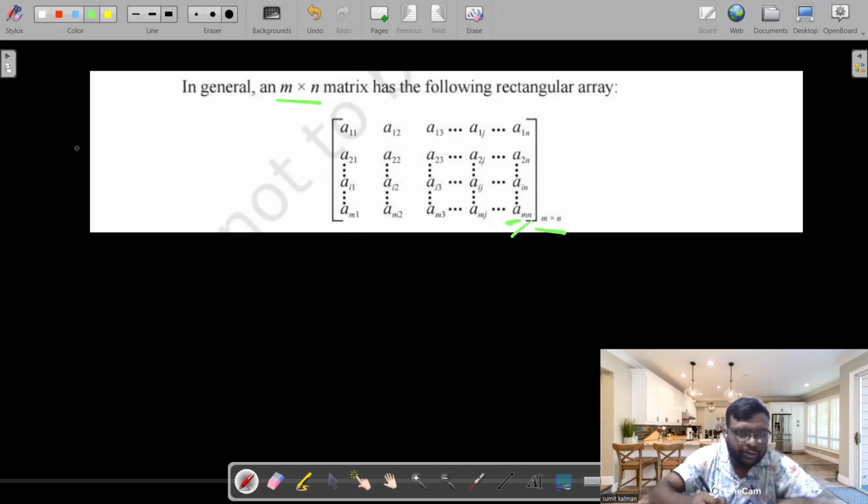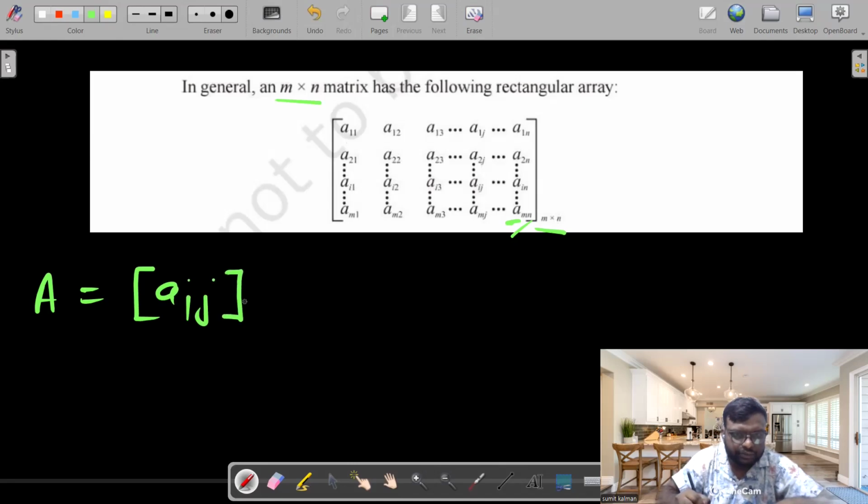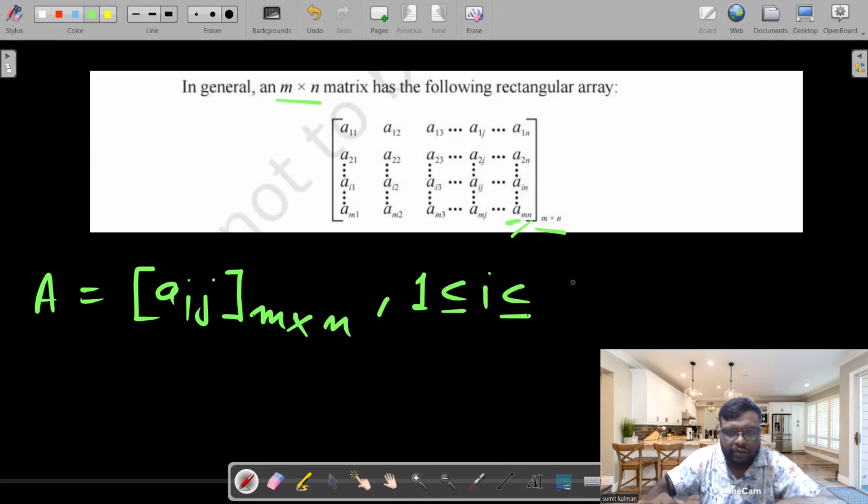Now we represent this matrix by A is equal to Aij m cross n, where the value of i is between 1 to m.